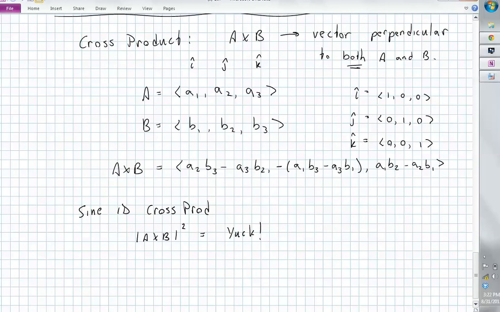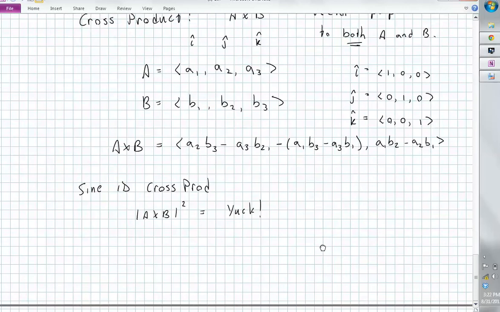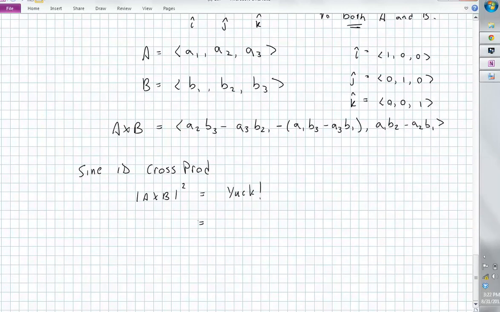Right, this is disgusting. Here's A cross B, and now you have to square this, and square this, and then add them all up. So, to save you the pain and misery, I'm going to skip a few steps and reveal the remarkable result that after all that pain and misery, if you group the terms in just the right way, it turns out to be the magnitude of A squared times the magnitude of B squared minus A dot B squared.